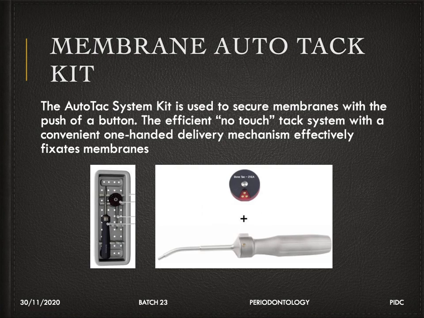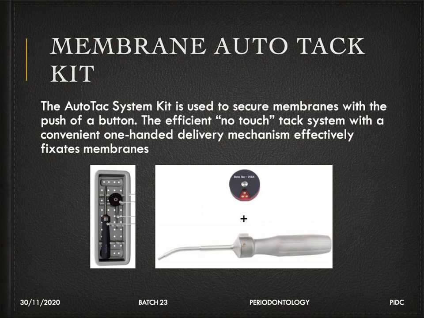Most of the time the problem is that this membrane will not stay in position for a longer time. Either it imbibes the plasma fluids in the sulcus and comes out of the soft tissue, or it dislodges from the site, which results in failure of regeneration.